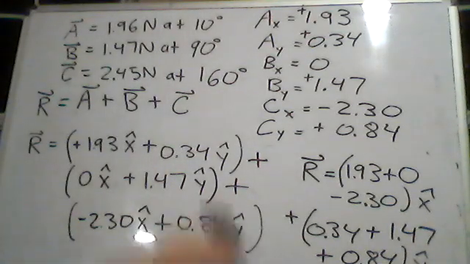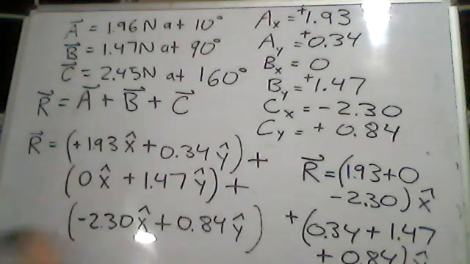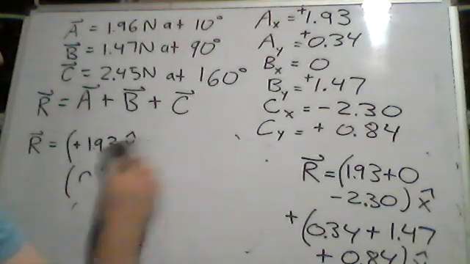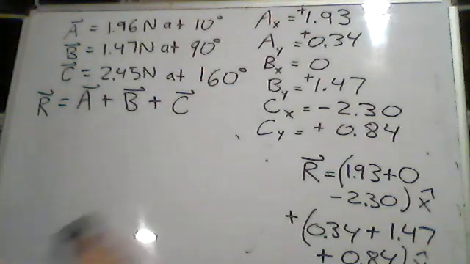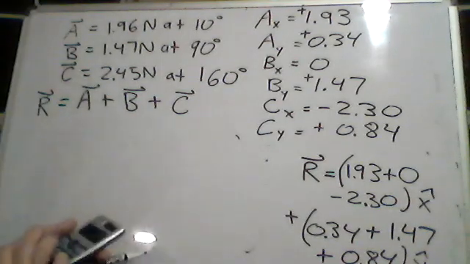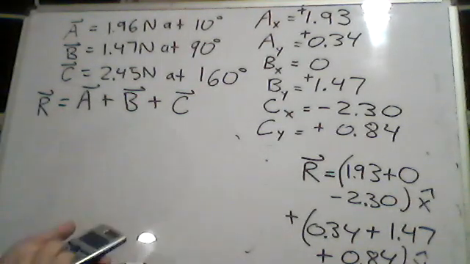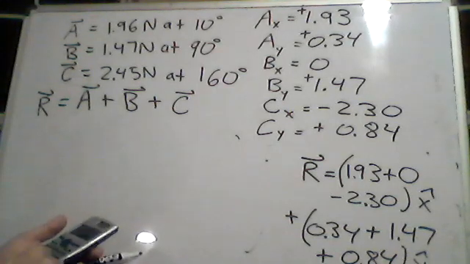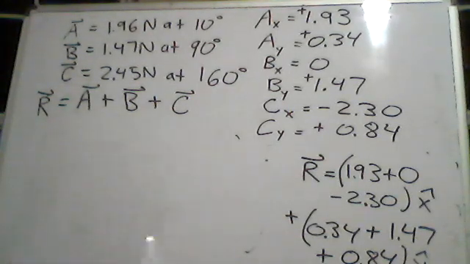Okay, I'm going to erase this stuff now and write this all together. So I get my calculator out and I say, okay, I got 1.93 plus 0 minus 2.3. I get negative 0.37.